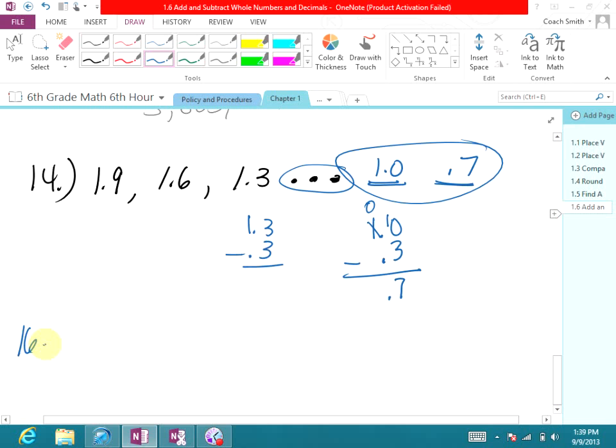16 is a little bit more difficult to gather. 0.02, 0.04, 0.08, and they want the next two. Okay? What's the next one?